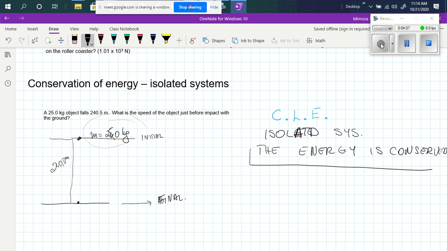No, because as the object is dropping from this height, the object is experiencing the force of air resistance. So anyway, the conservation law of energy in an isolated system says that the mechanical energy at the initial position is equal to the mechanical energy at the final position, and at any point in between.